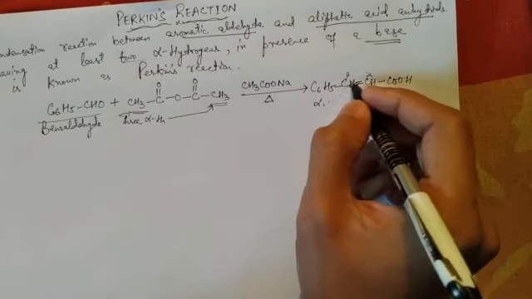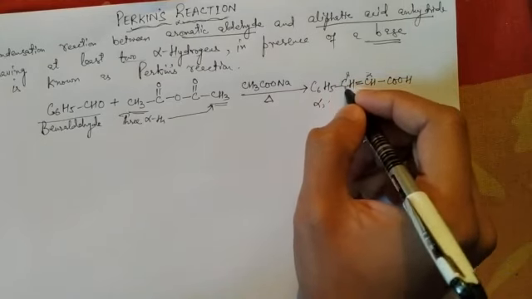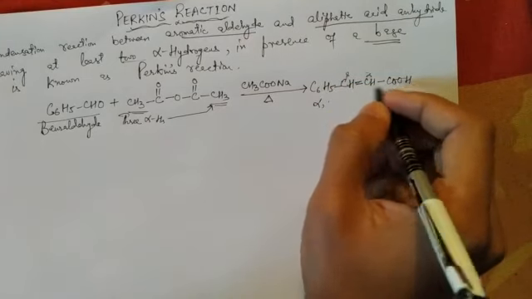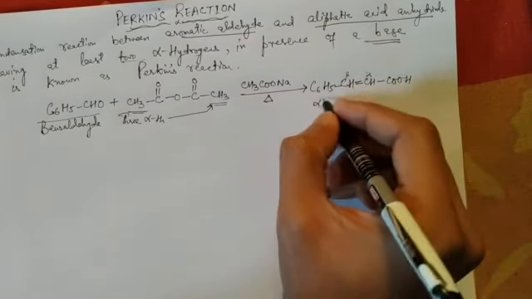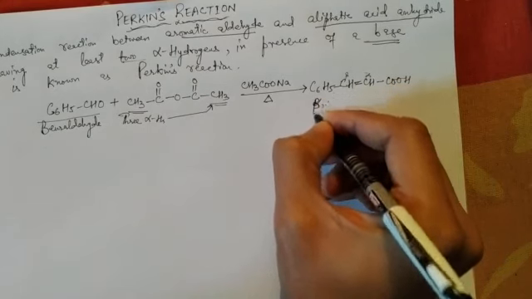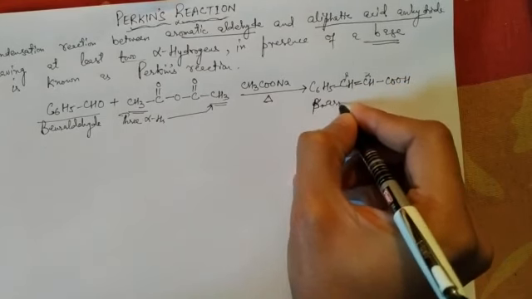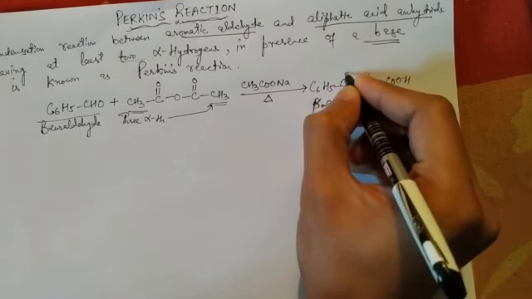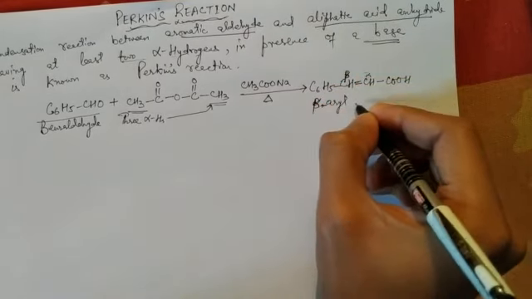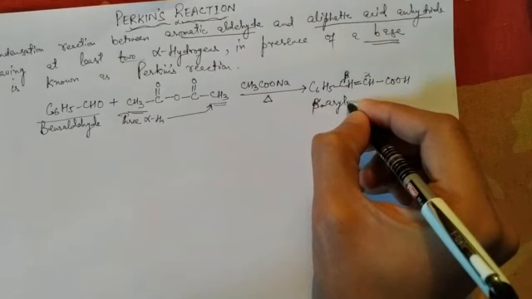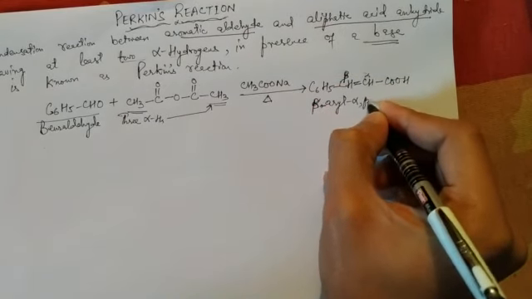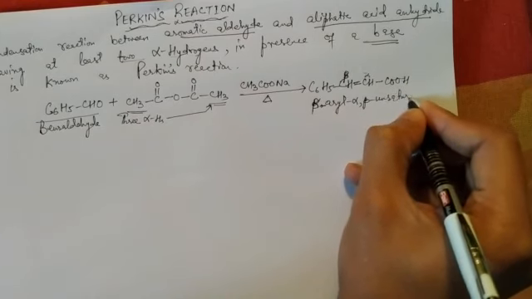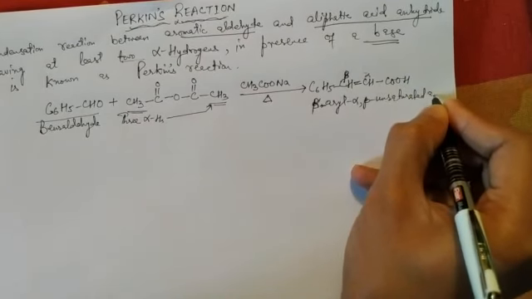If we want the general name of it, it is a beta aryl alpha beta unsaturated acid. So we may also write it as beta aryl, meaning a C6H5 group at the beta position, beta aryl alpha beta unsaturated acid.